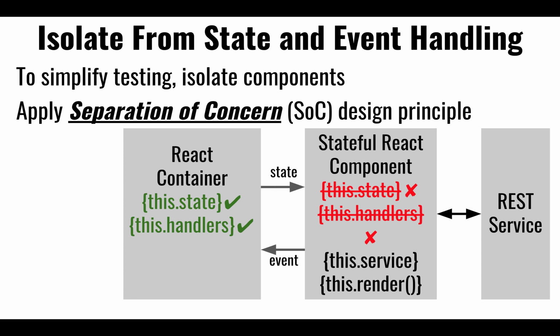We want to apply a design principle called separation of concerns. Whenever you look at any application, there are many different types of concerns. You want the application to look pretty. Well, that's one concern. We want the data to be accessible remotely.